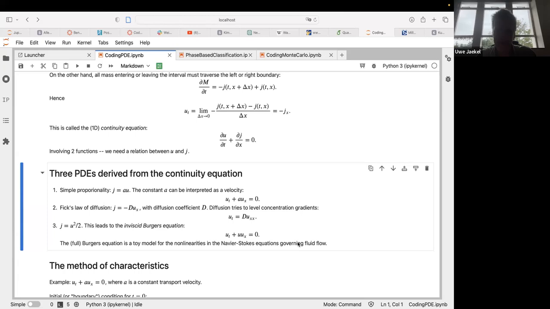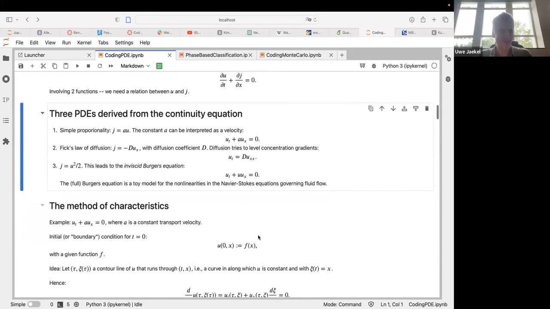Maybe we can look into the Navier-Stokes equation later when we have time enough. We will focus in this lecture on solving this, both analytically and numerically.